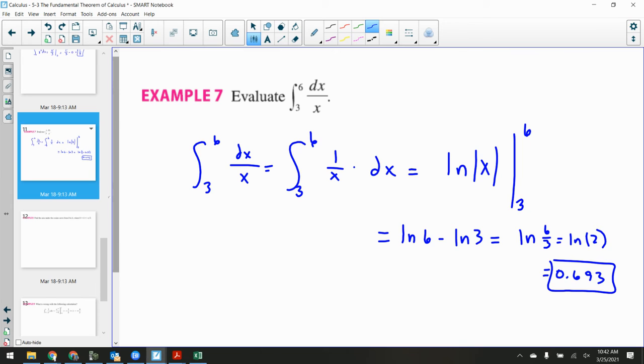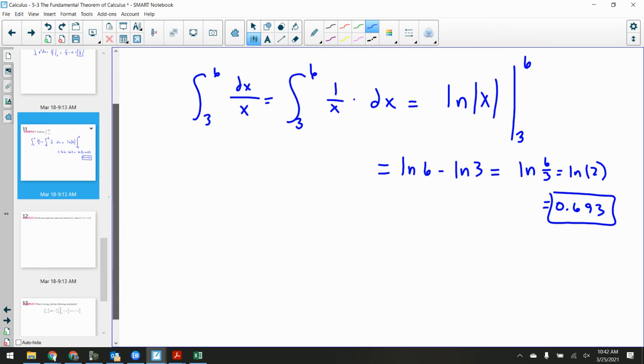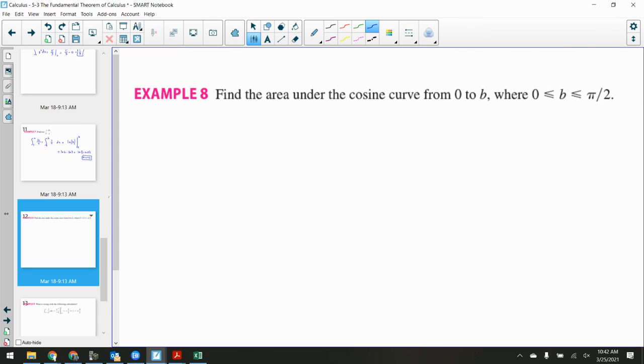Yes? Yep, because algebraically, those things are equivalent. So yeah, it should, unless your calculator's messed up or something. Calculator's broken.